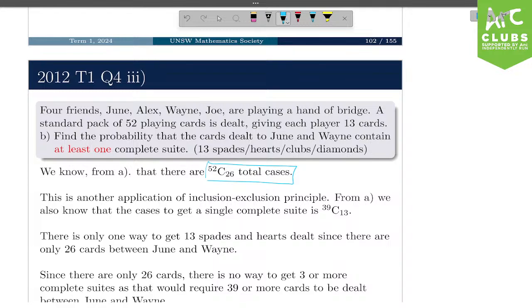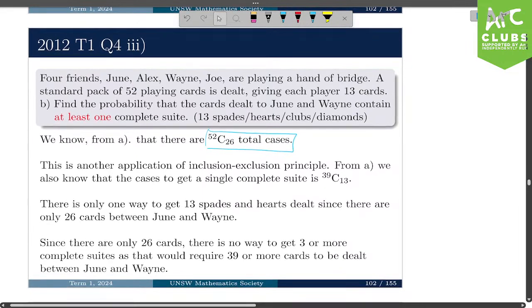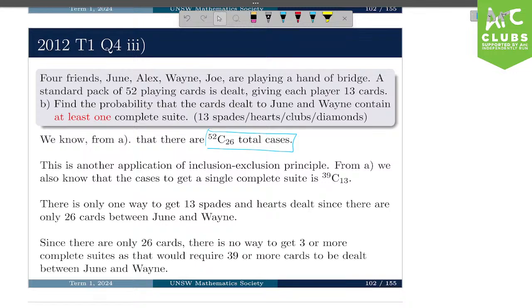So we note that to get any specific complete suit, there's 39 C13 different ways, right? And let's say we double up. Let's say we get 13 of two different suits, for example, 13 spades and 13 hearts. There's only one way for this to happen, since that's going to be all your 26 cards, right?